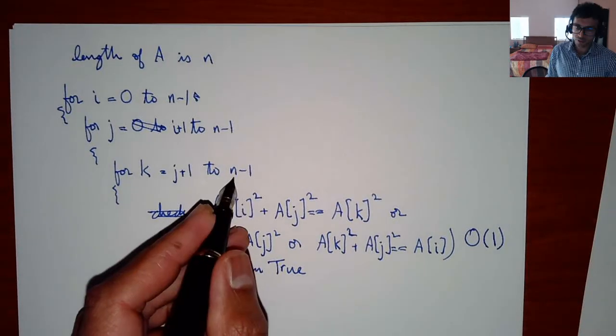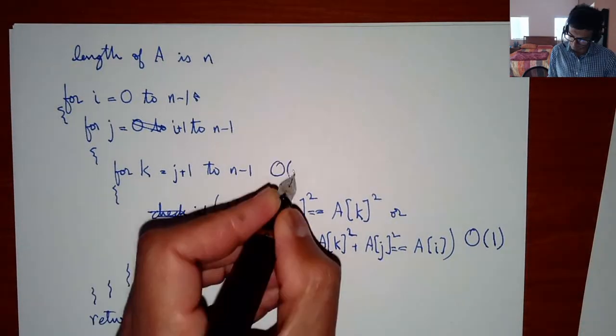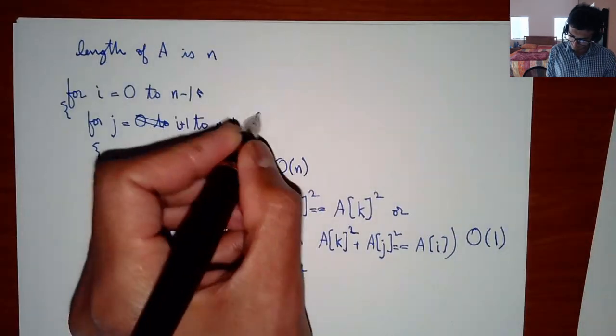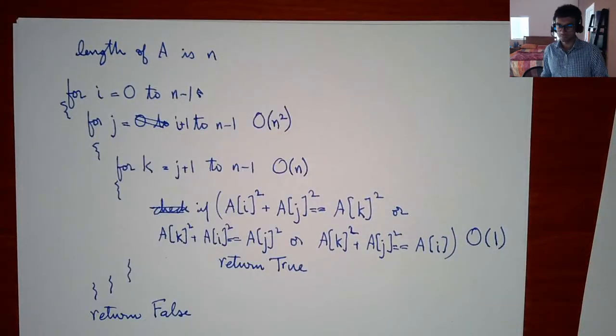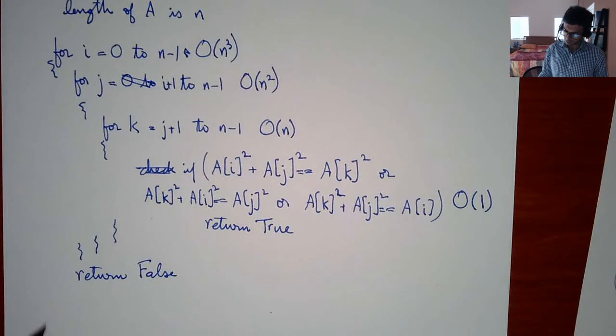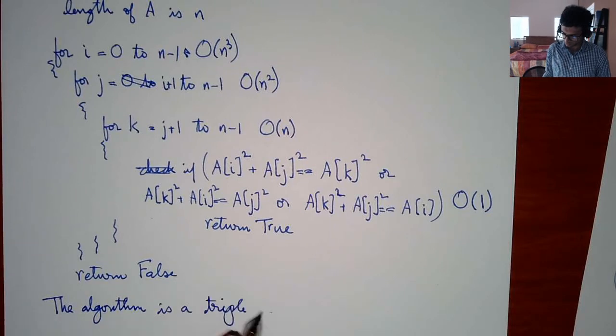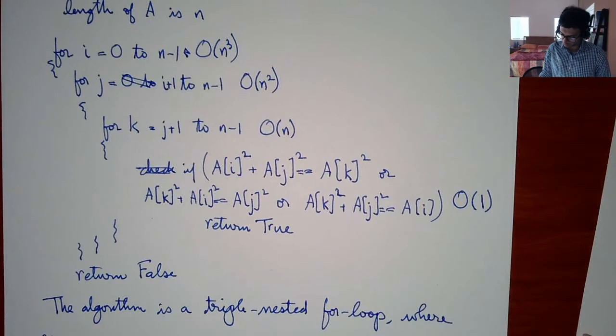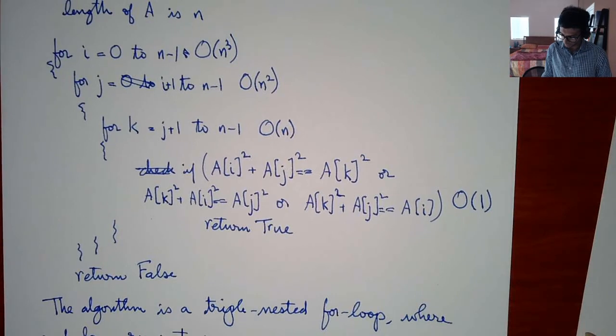This line over here, that's a for loop, so this runs in O of n. This is O of n square. And this is O of n cube. And you say the algorithm is a triple nested for loop where each loop runs at most n iterations.